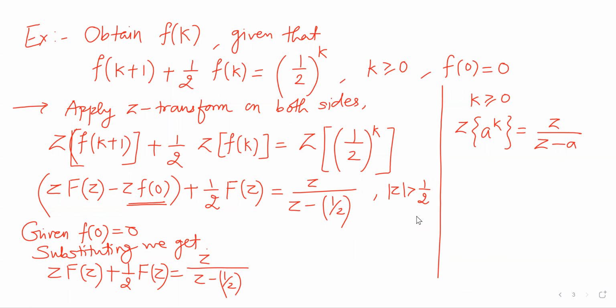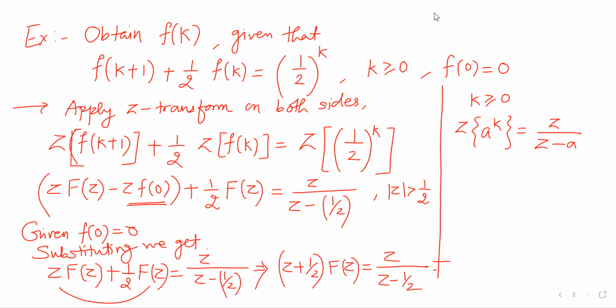So what we can do is rewrite this. This is nothing but, you can take F(z) common, correct? So I get z plus half times F(z) is equal to z upon z minus half.